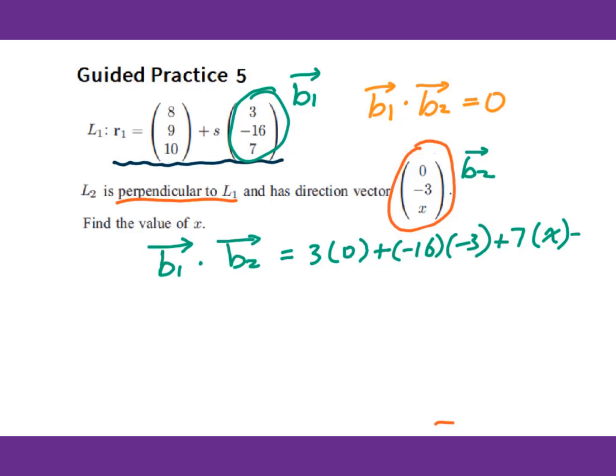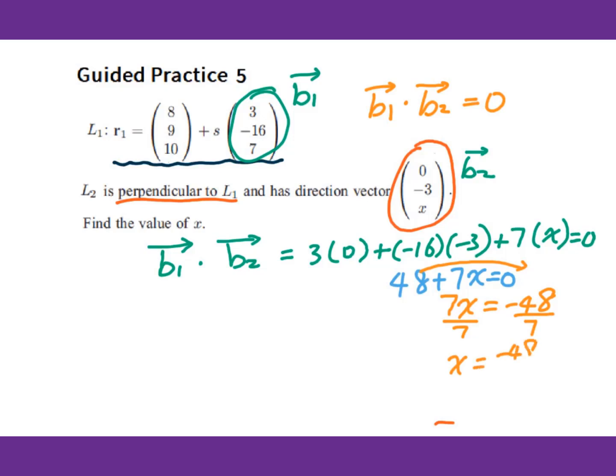We set it equal to 0 so that we can figure out this x. 48 plus 7x equals 0. Linear equation. Therefore, we get 7x equals negative 48, so x equals negative 48 over 7.